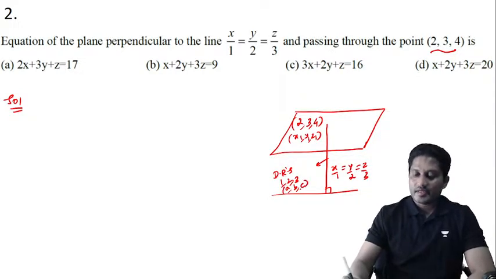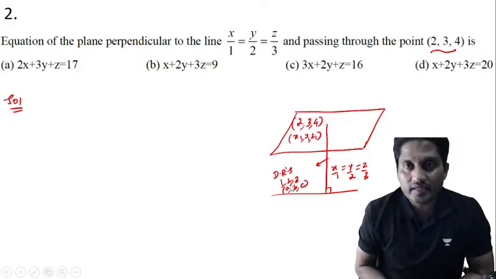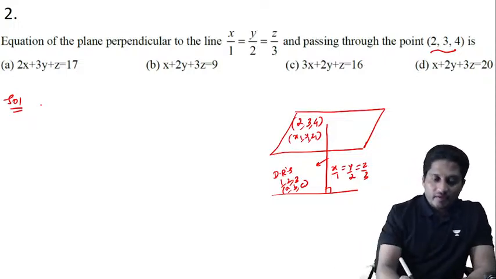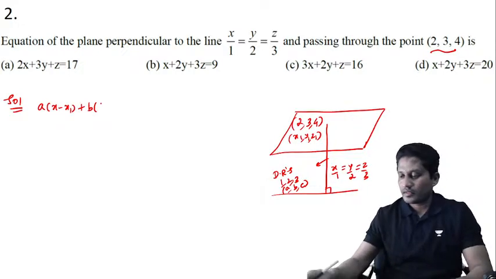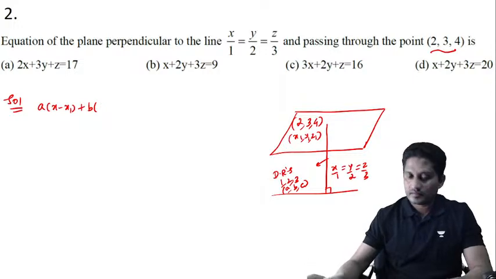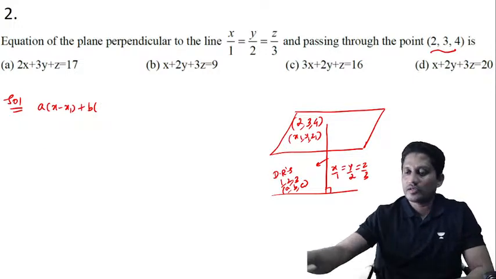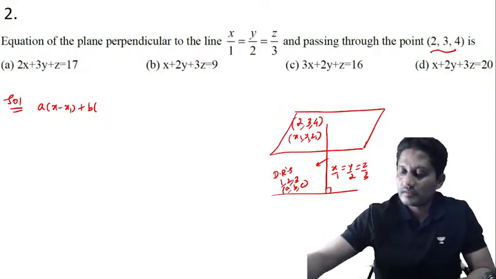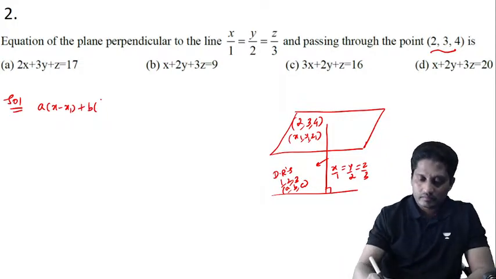Equation of a plane passing through the point with these DRs is given by a into x minus x1 plus b into y minus y1 plus c into z minus z1 equal to 0.